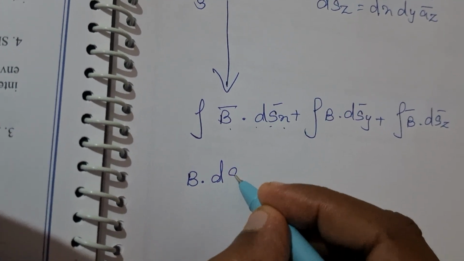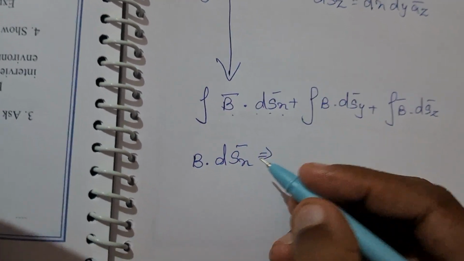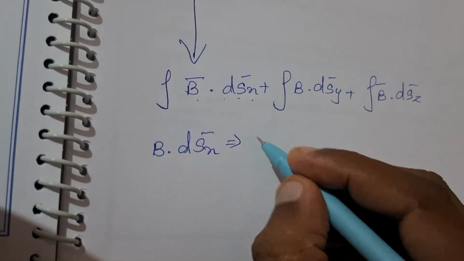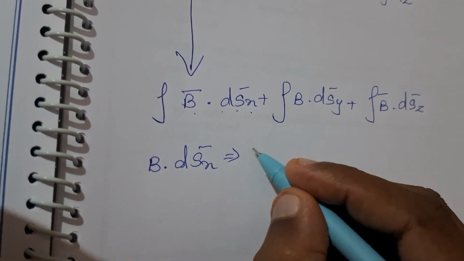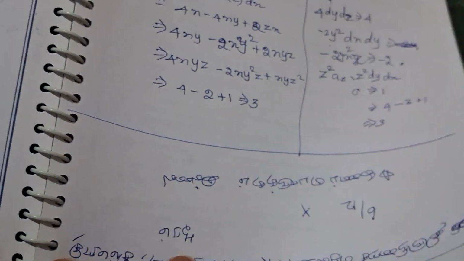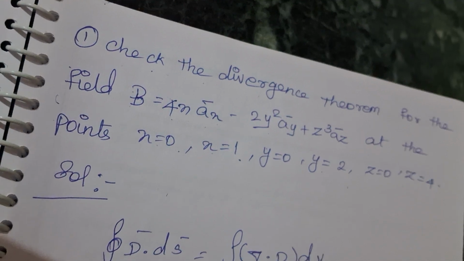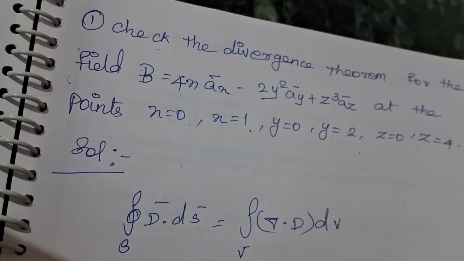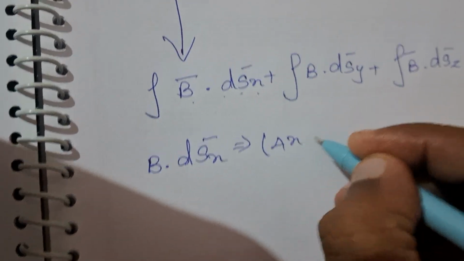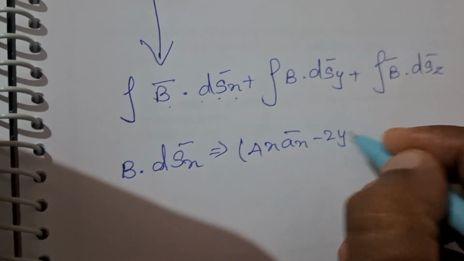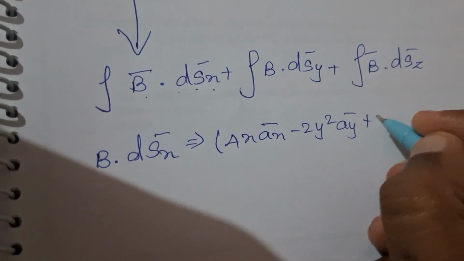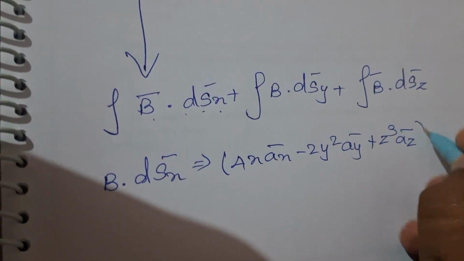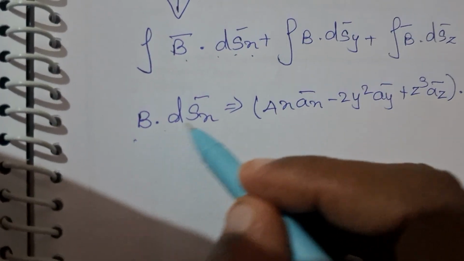B dot dSx is equal to, first, what is B, we must write the B value here. What is B? 4x ax minus 2y square ay plus z cube az, into here dSx.